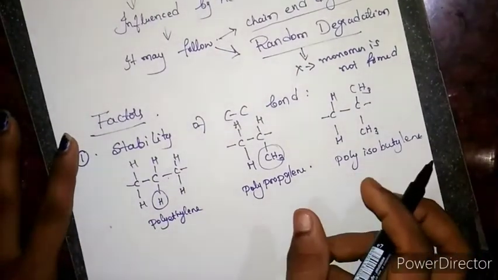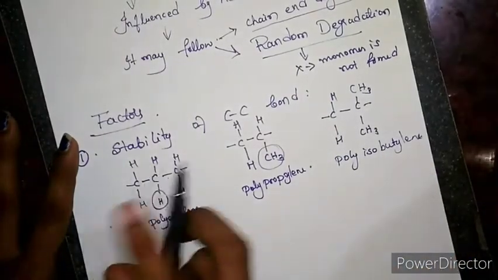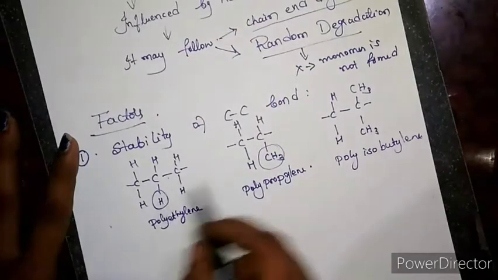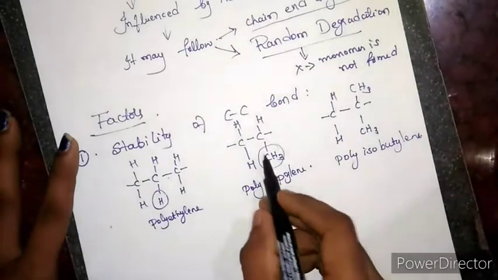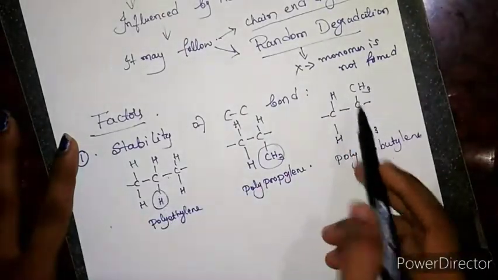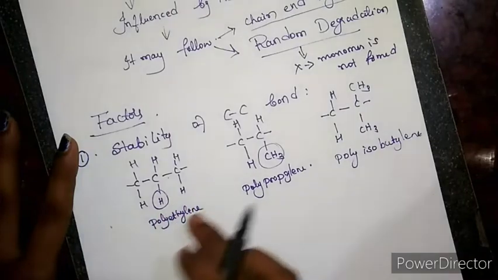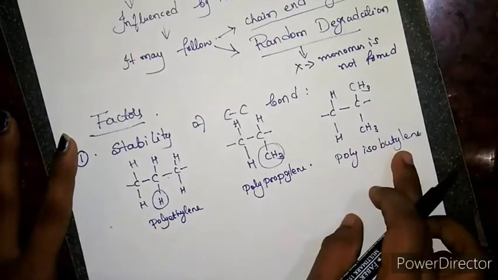The bulkiness of the substituent group increased. Here H is not bulky, but whenever you substitute CH3 in place of H, that becomes bulkier. And if you replace both of the H by the CH3 group, once again the bulkiness increases. Bulkiness increases from polyethylene to polyisobutylene.